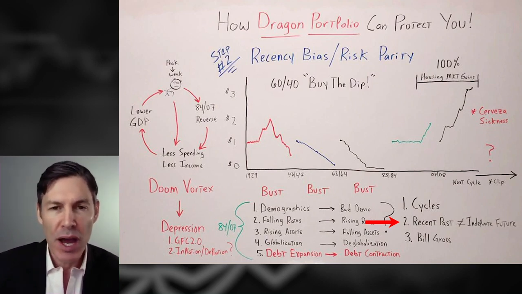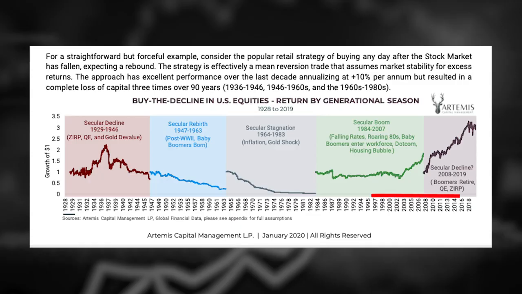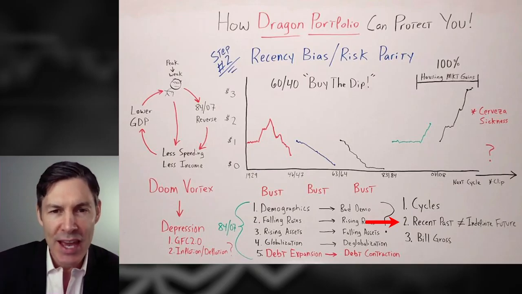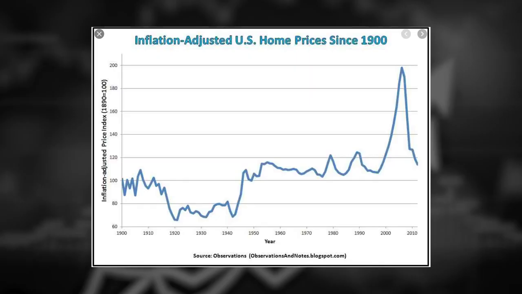I'd also like to point out that the time frame between the late 1990s and today represents almost 100% of the gains in the housing market, going all the way back to 1900 when you adjust for inflation.